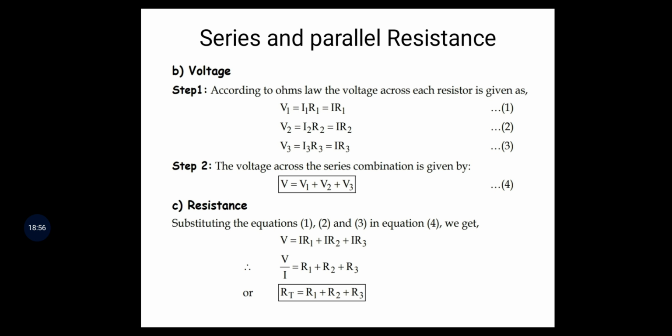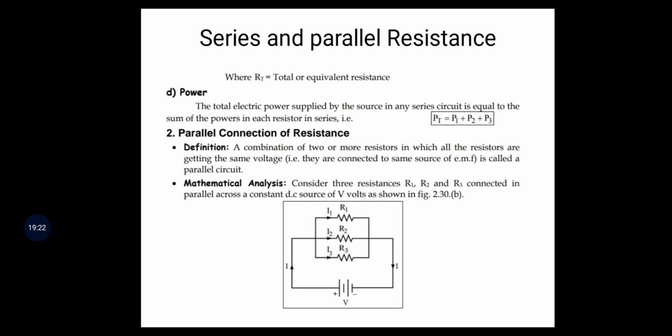Total voltage by total current equals total resistance RT. So RT equals R1 plus R2 plus R3, where RT is the total resistance.